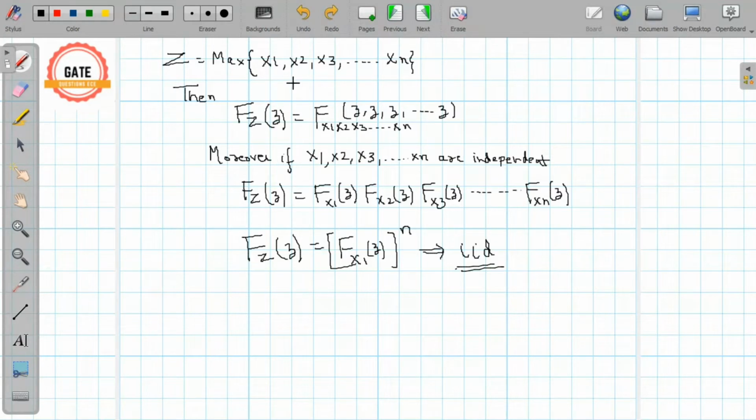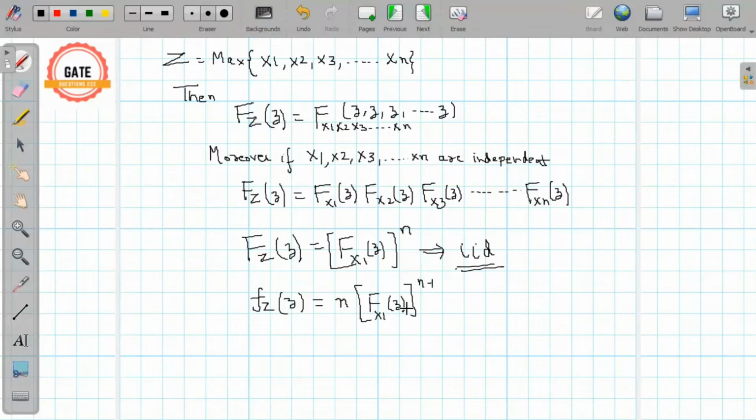Assuming all these n random variables are continuous random variables, we can easily obtain the PDF by differentiating with respect to z on both sides of this equation. The PDF of z will be equal to, on differentiating this function with respect to z, n times the CDF of x1 raised to power n minus 1 times the differentiation of the CDF of x1.